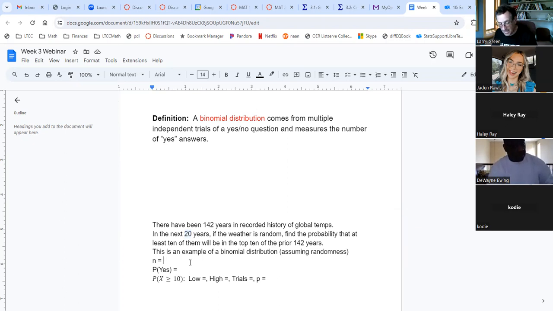So n equals 20. The probability of a yes answer, well, to be in the top 10 out of 142 years should be 10 out of 142.